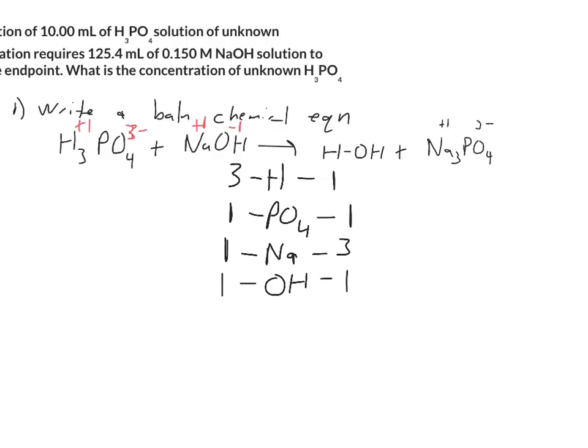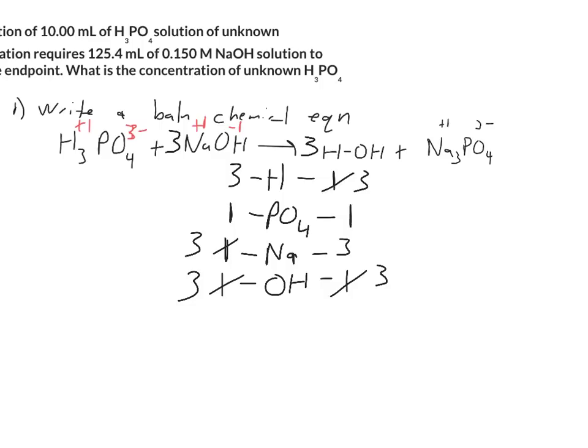I'm going to balance the hydrogen atoms first. 1 hydrogen from the acid, 3 here. That changes the number of hydroxides. Now the equation is balanced.